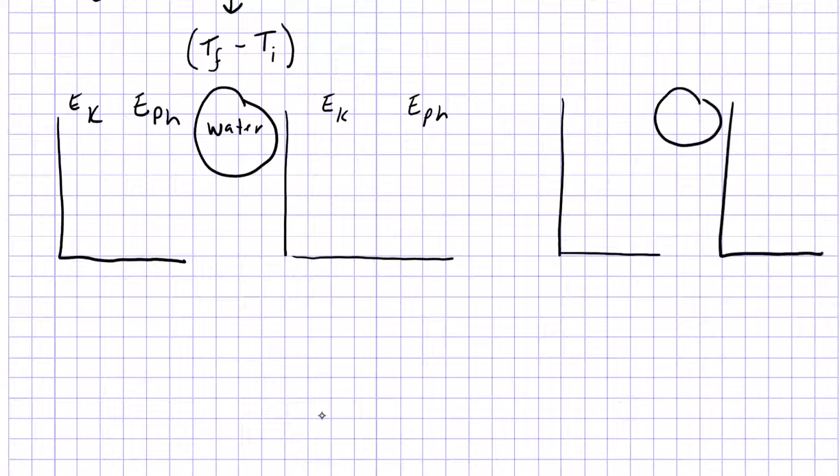I'm going to consider the energy transfer between both systems. I said pot, I meant burner. Okay, so our pot and our burner. I apologize for my messiness, but you know, these things happen.